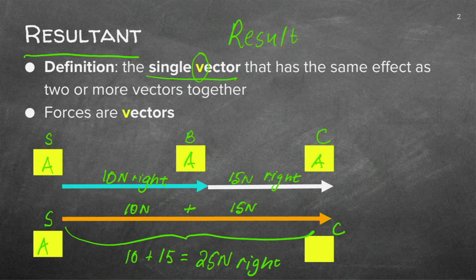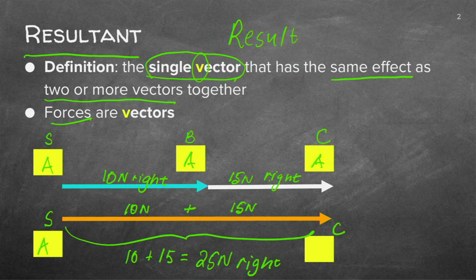So let's have a look at the formal definition of the word resultant. It is the single vector, the one vector, that will have the same effect as all the others, two or even more. And I used forces to explain the resultant.